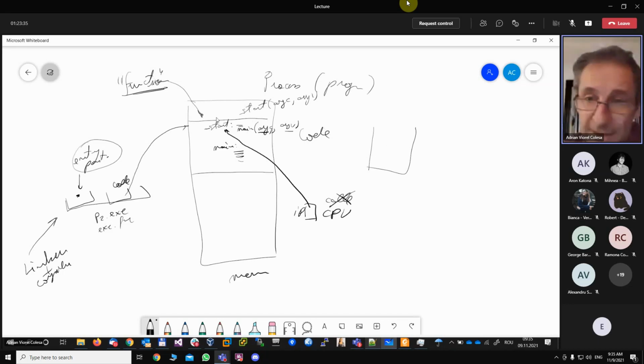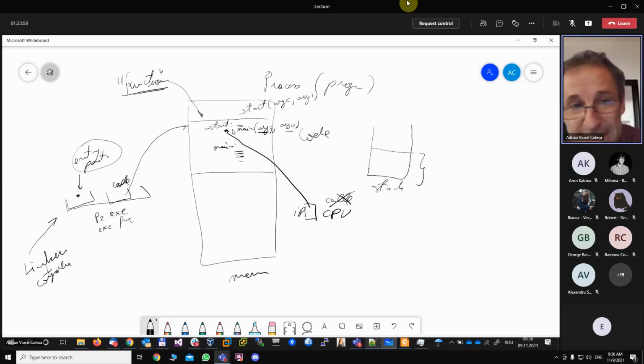And the structure of the stack when a function is started looks like this. Arguments of that function, then the return address of that function. Sorry, I'm in such a hurry that I write awfully, so let me write it again. So on the stack, the start function, the way its code was generated by the compiler, expects the stack to have a structure like that, to have the arguments, then the stack grows in that way.